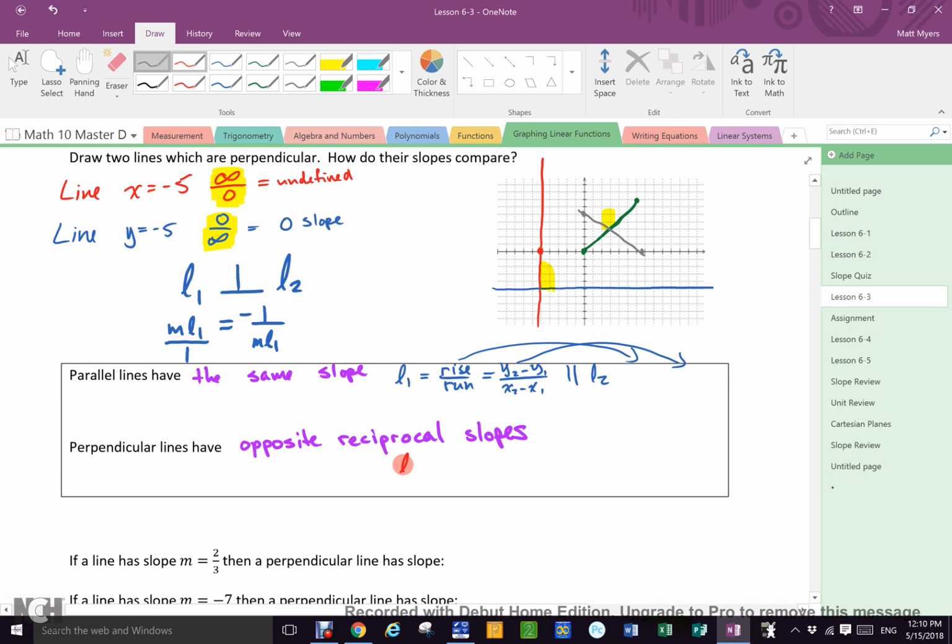What if I have line 1 and it's rise over run, and it's also y2 minus y1 over x2 minus x1, and then I tell you it's perpendicular to line 2? What would happen to this rise, this number over here? Where would that go?